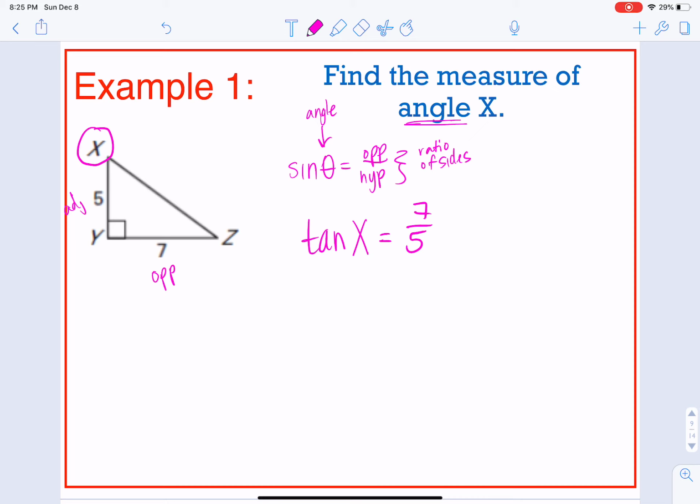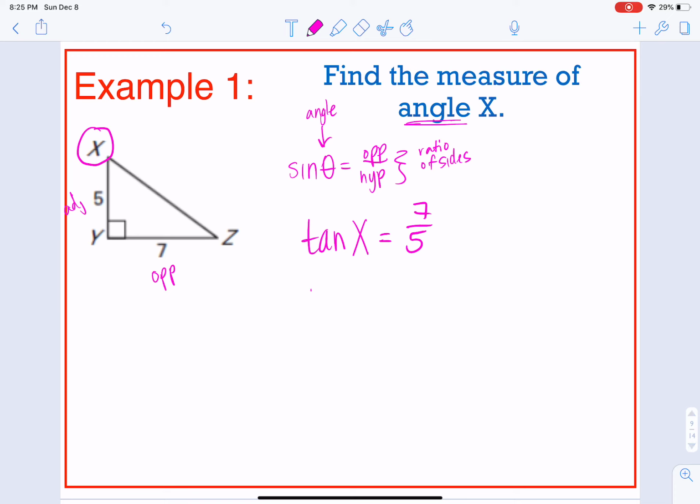So what I can do is I want to go backwards. Instead of trying to figure out what this trig function is equal to as a ratio of side lengths, I'm looking for an angle. So I want to go backwards. And when we go backwards in math, we use the word inverse. I know we talked about this at the beginning of the year as well. So inverse functions.